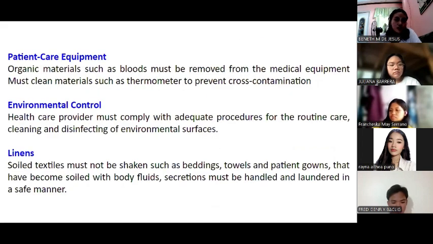Patient care equipment, organic materials such as blood must be removed from the medical equipment, must clean materials such as thermometer to prevent cross-contamination. Ito nga nasabi ko kanina.